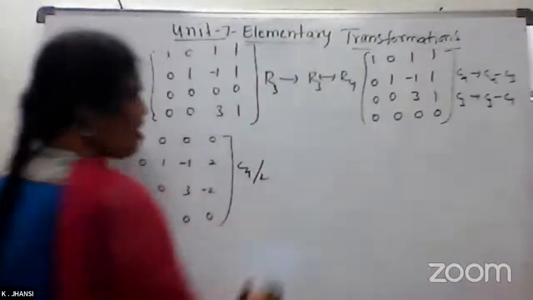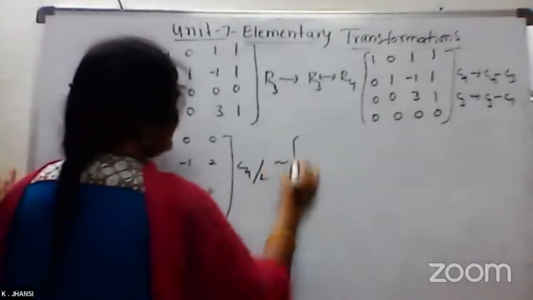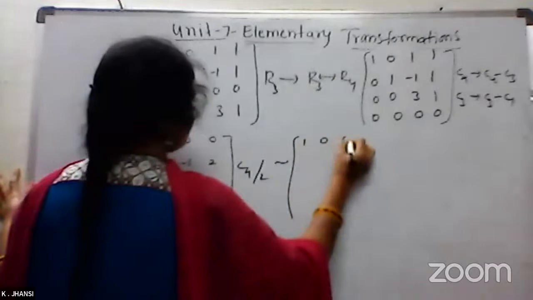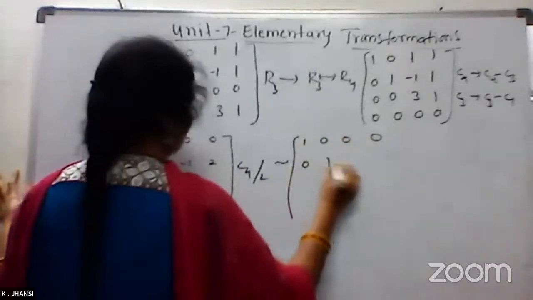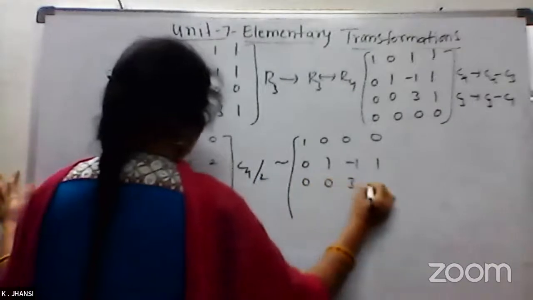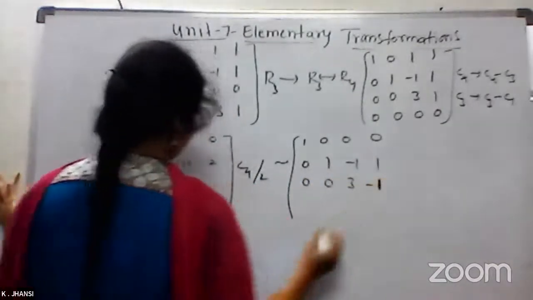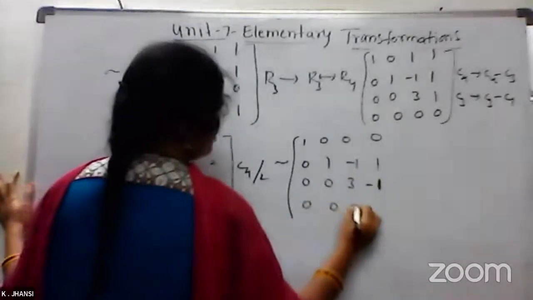You have to make all zeros, and also ones, to make it an identity matrix. So 1 0 0 0, 0 1 minus 1 1, 0 0 3 minus 1, and here 0 0 0.